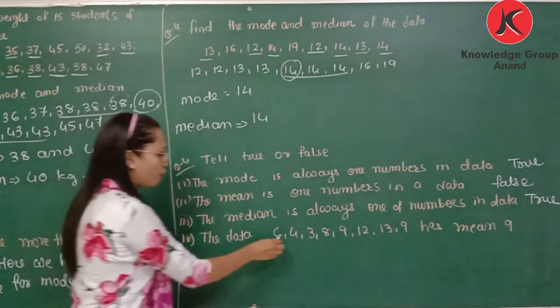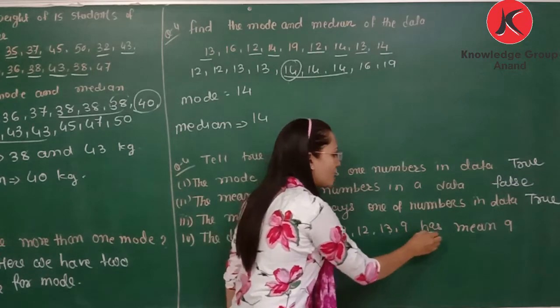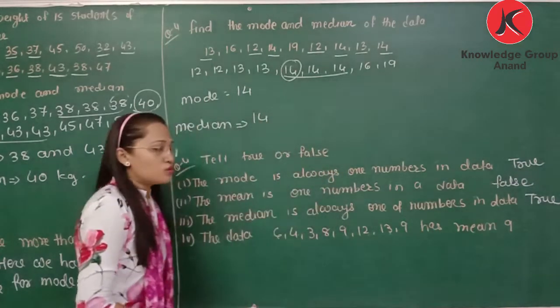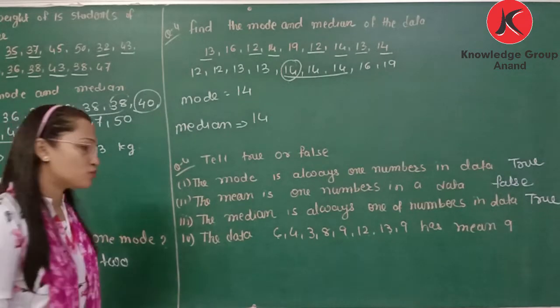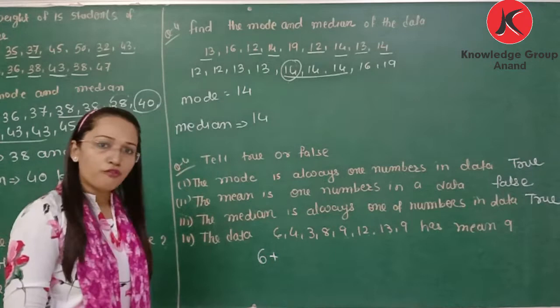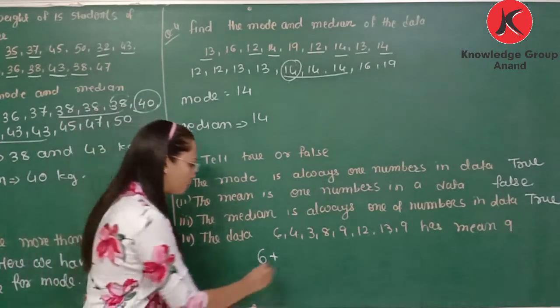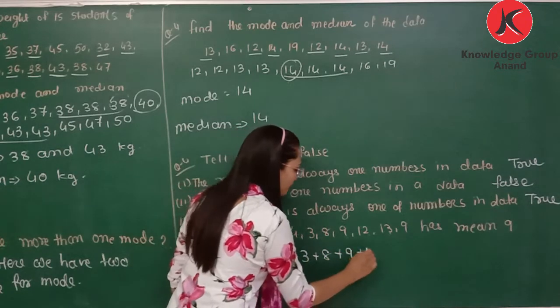The data 4, 6, 3, 8, 9, 12, 3, 9 has mean 9. So is this statement true or false? First of all we need to find the mean of this data. Mean means what? Sum of all data divided by total data. So here we need to perform addition of this.